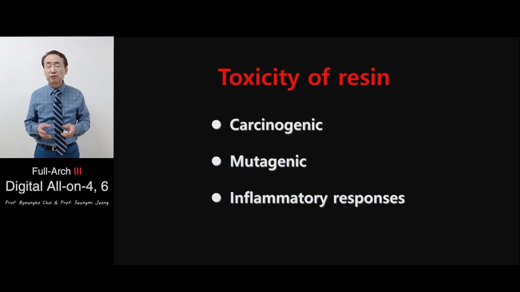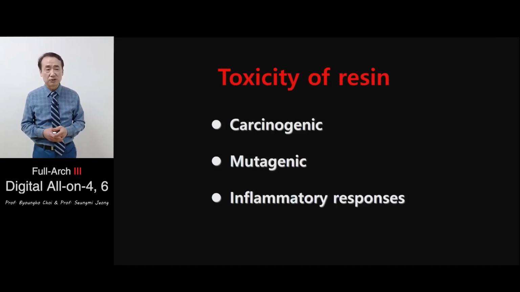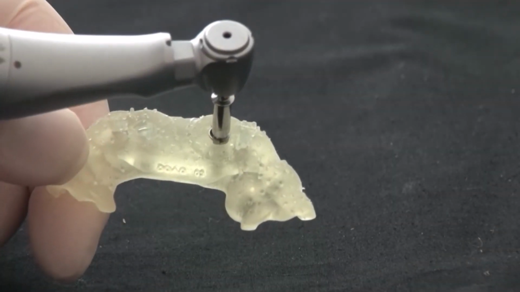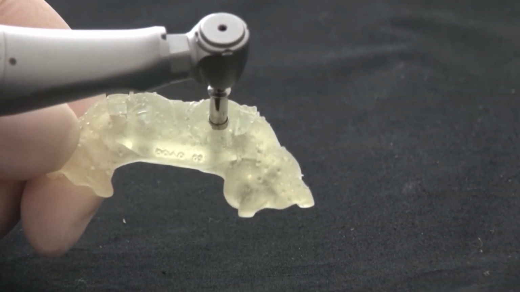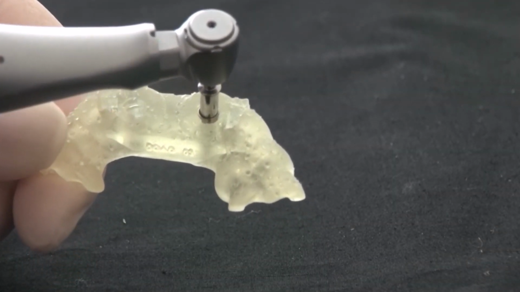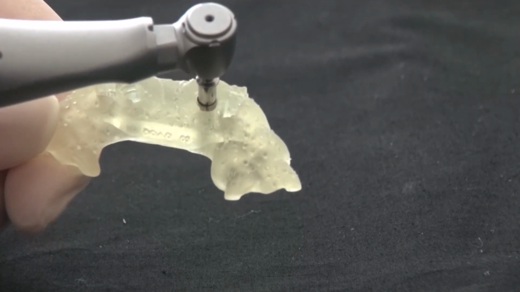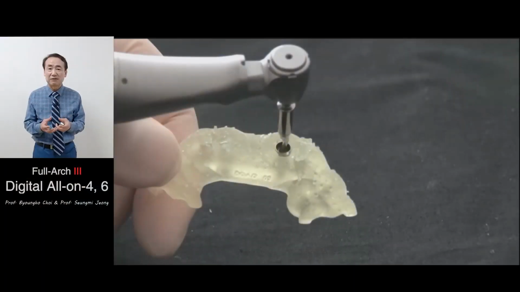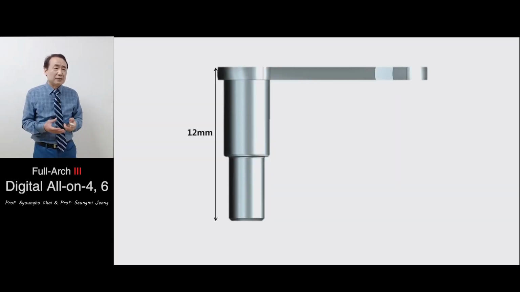Resin is known to be harmful to human bodies because it can cause cancer, mutation, and inflammation. Therefore, I would like to recommend using a surgical guide that has a titanium sleeve to protect our body. This shows a long guide tube.